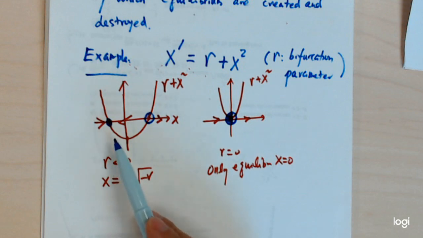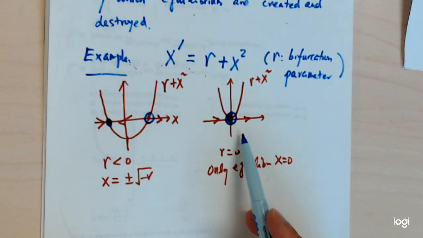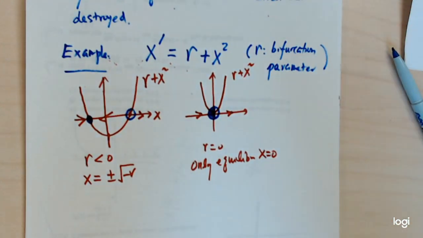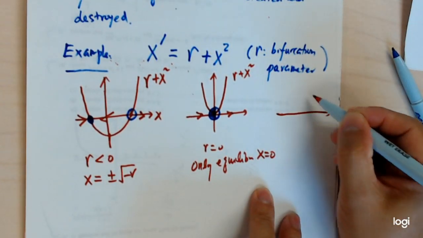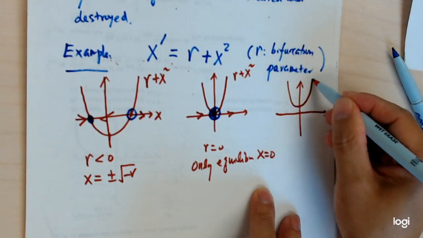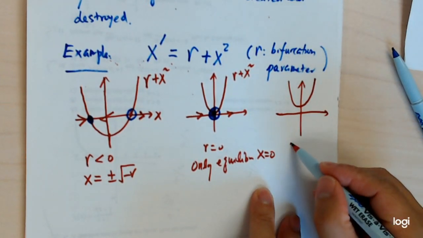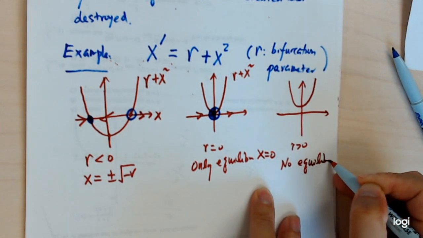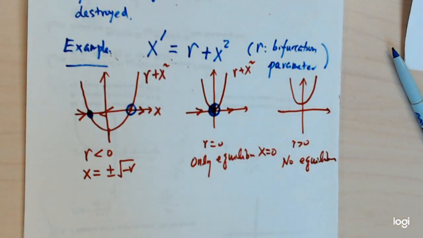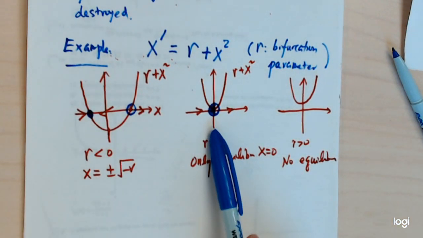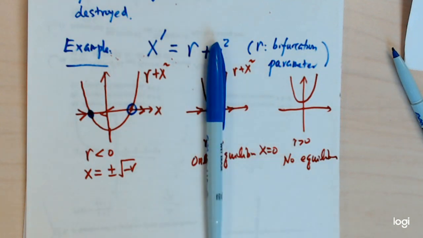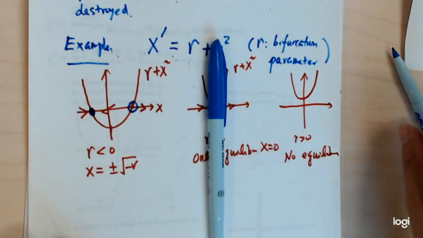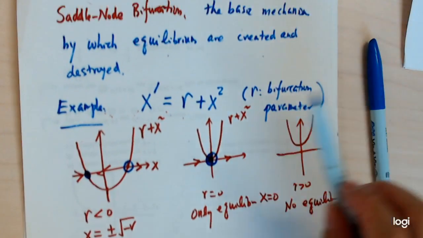So when r is negative, two equilibria; r equal to 0, one equilibrium; and when r crosses 0, you have the third case. That is, there is no intersection and there is no equilibrium. So the fact that when r crosses 0 the number of equilibria changes from 2 to none, that's what we call a saddle node bifurcation.